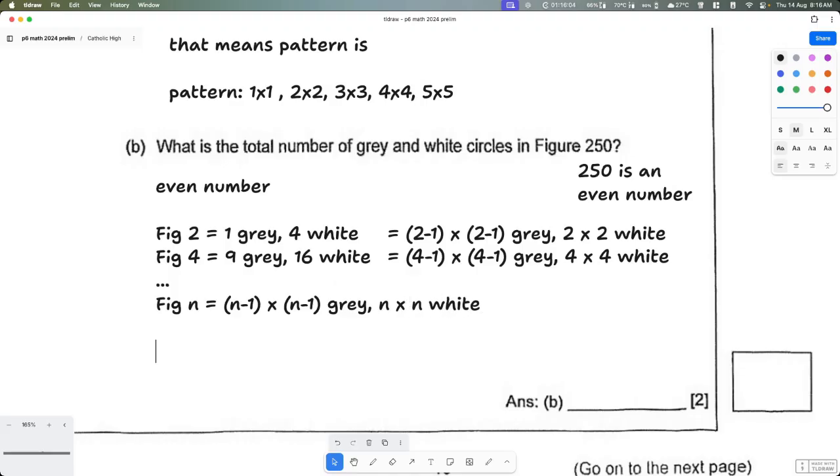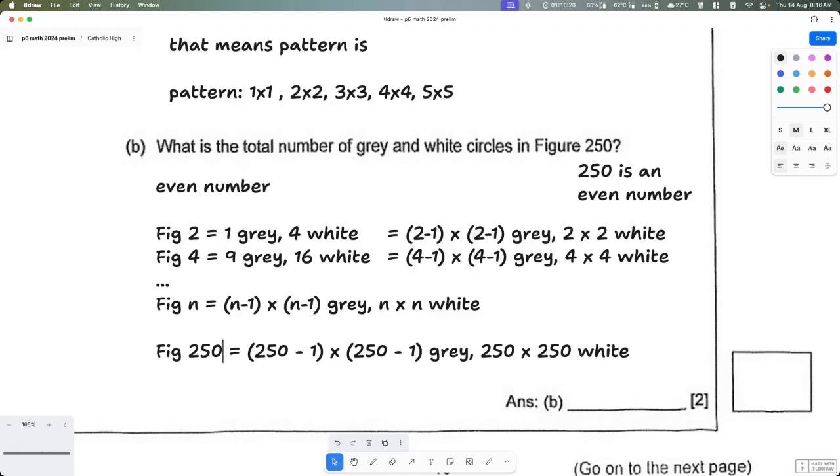Okay, so figure 250 is equal to bracket 250 minus 1 times bracket 250 minus 1. Then this is the gray, and the n is 250 times 250, white.